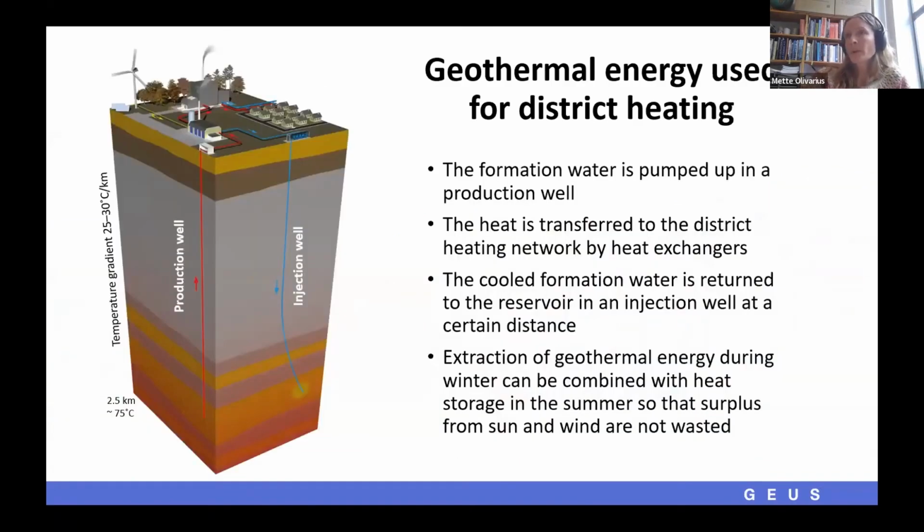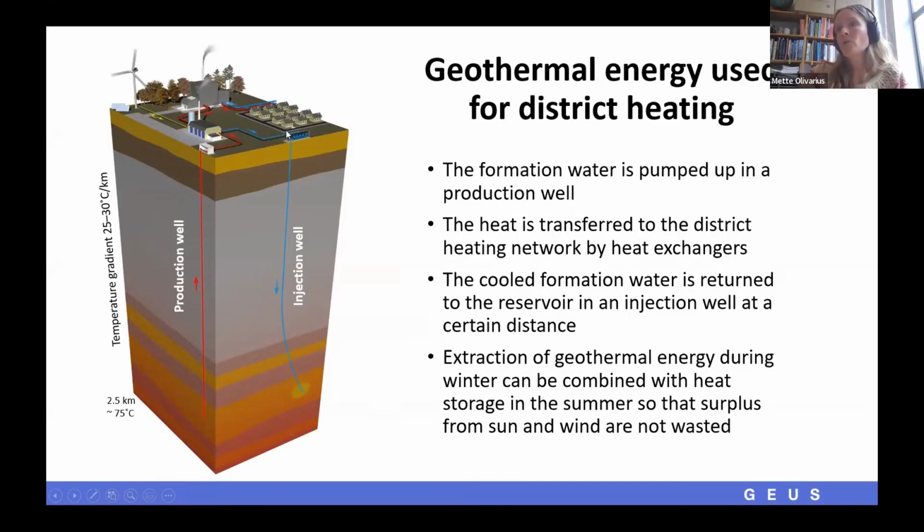So I'm going to show here the case for district heating, which is what is mostly used in Europe and also in Denmark. So the formation water from a deep sandstone reservoir is pumped up to the surface through a production well. And then the heat is transferred to the district heating network by heat exchangers. And you can also use heat pumps to get the heat further up.